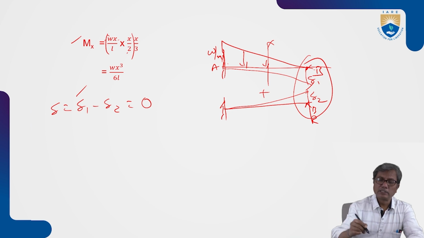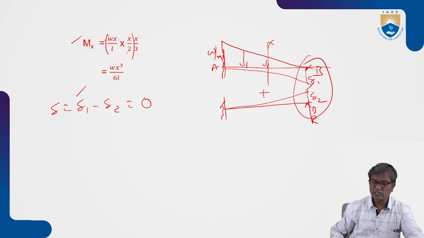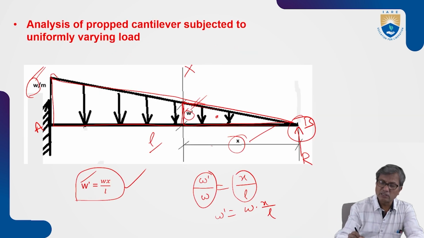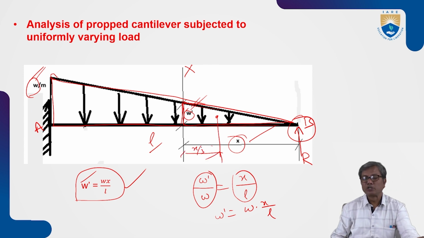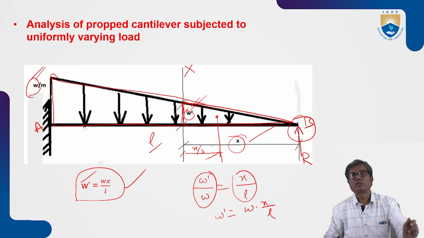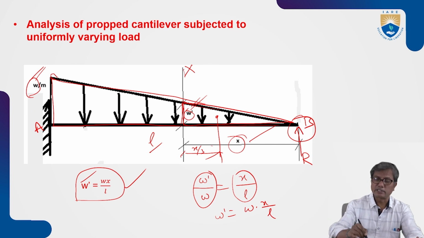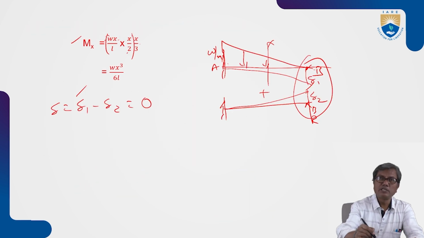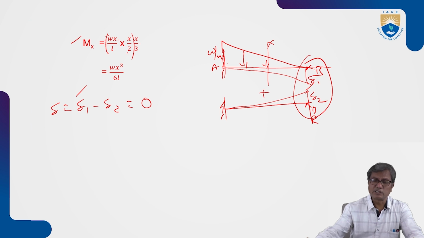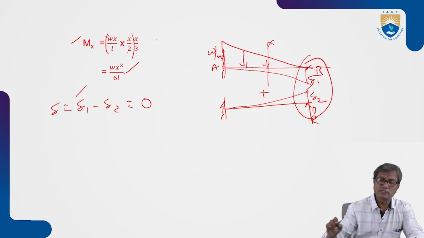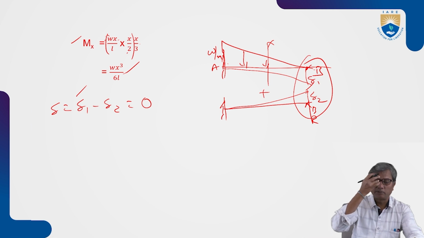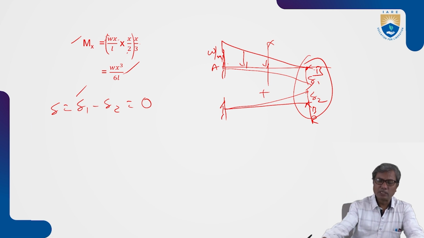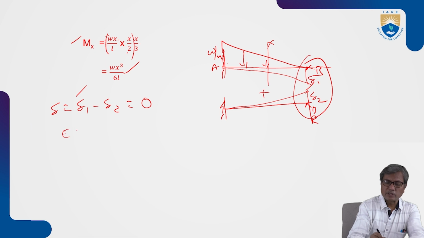That is the area. And the centroidal distance of this from section x is x by 3. So the moment of this area about section x is Wx by L into x by 2 into x by 3, that is the centroidal distance. So the bending moment is Wx cube by 6L.